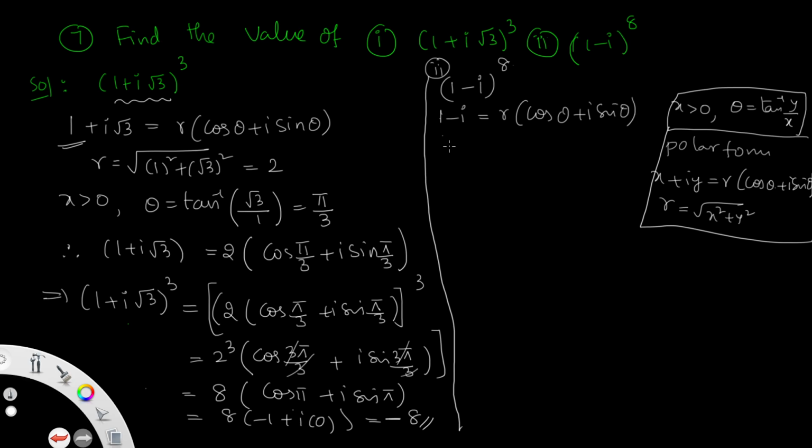For that you have to change 1 minus i into modulus amplitude form, where r equals root over x square plus the imaginary part, that is don't write i square, only minus 1 whole square, that is root 2.